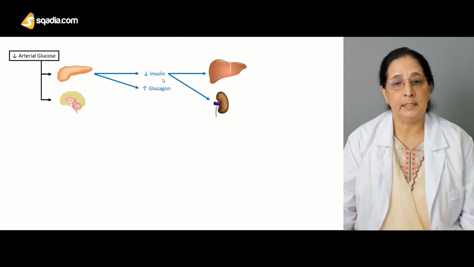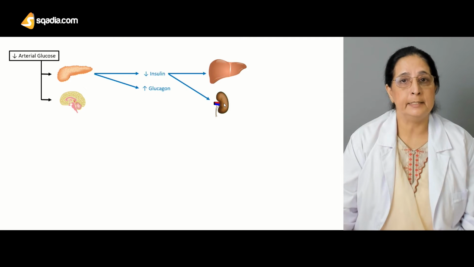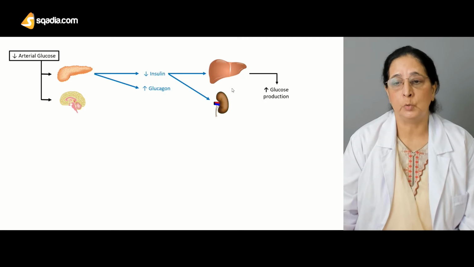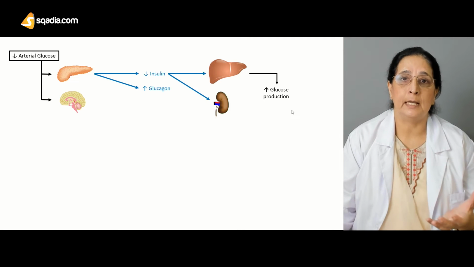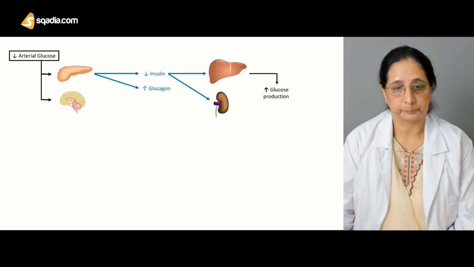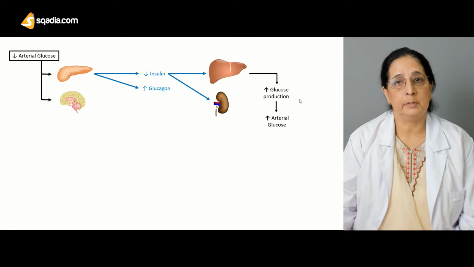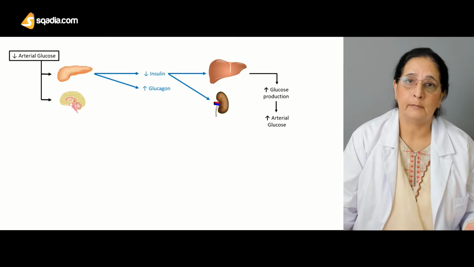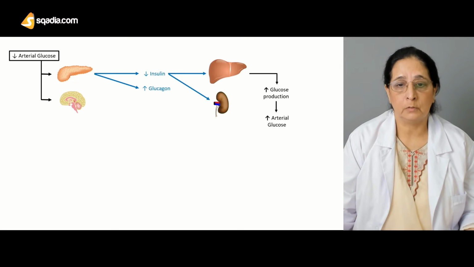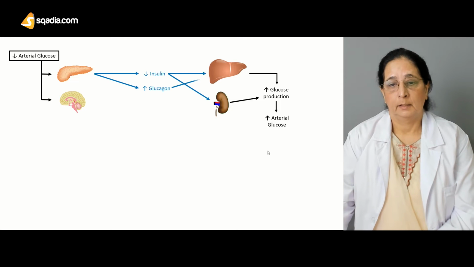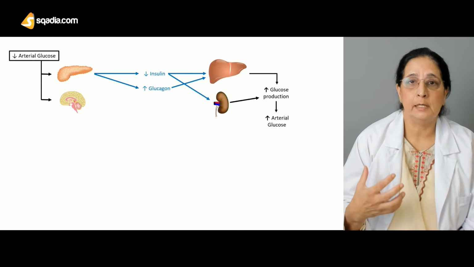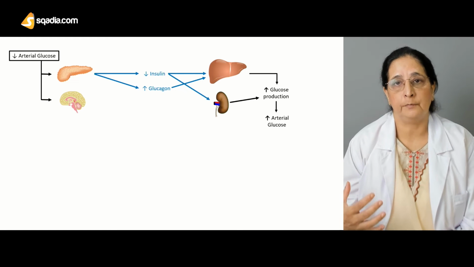Now this decrease in the insulin has effect on both the liver and the kidneys, and this effect of the decreased insulin on the liver and the kidneys causes increase in the level of the glucose. And increased glucose production definitely brings the blood glucose level back to the normal or close to the normal. Then we have glucagon. Glucagon mainly acts on the liver and causes increased production of blood glucose.